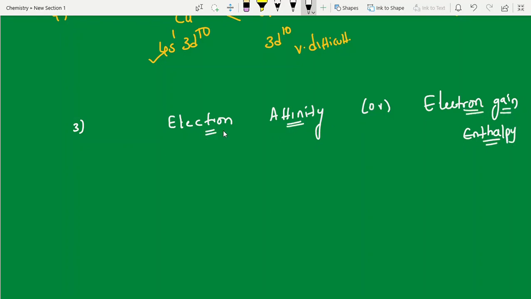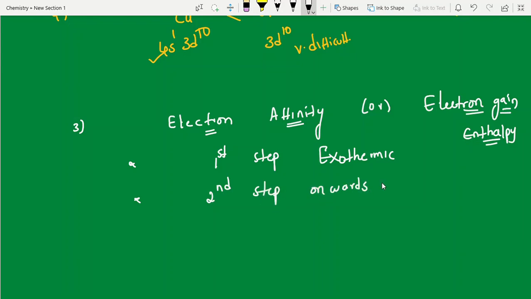Definitely we'll spend time on it. So I am taking short revision time. Short revision type. The first step is exothermic. Second step onwards, endothermic. We have to give the electron forcefully here.